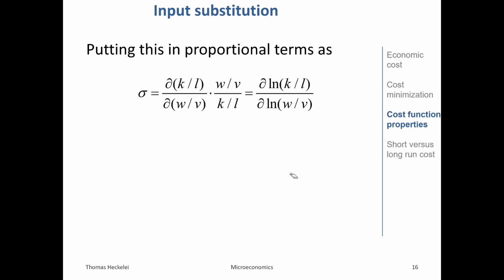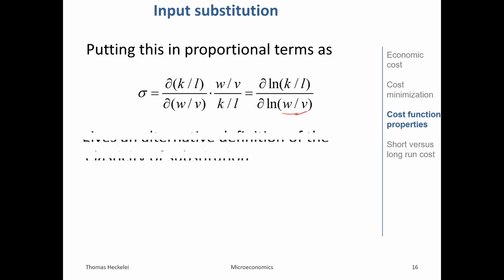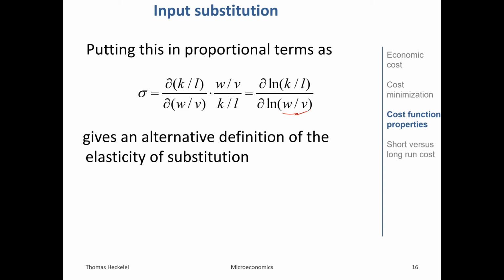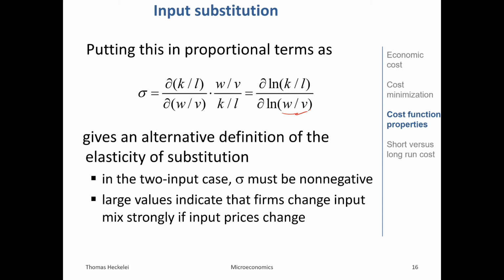Still, we could denote it as sigma, and we plug the definition of elasticity in here, like last time, but now only replace the RTS with the price ratio. And this is an alternative definition of the elasticity of substitution.